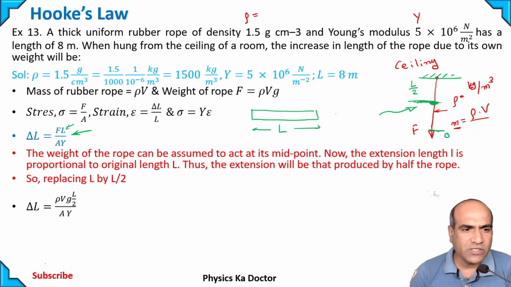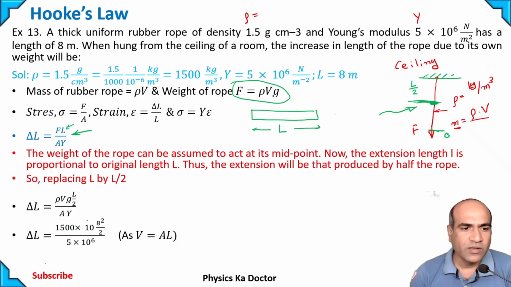So let's put F is equal to rho Vg from this equation, and small l is equal to L by 2, or you can say capital L is equal to L by 2. Putting these values here, you can find rho is equal to 1500. All the values are given, right?